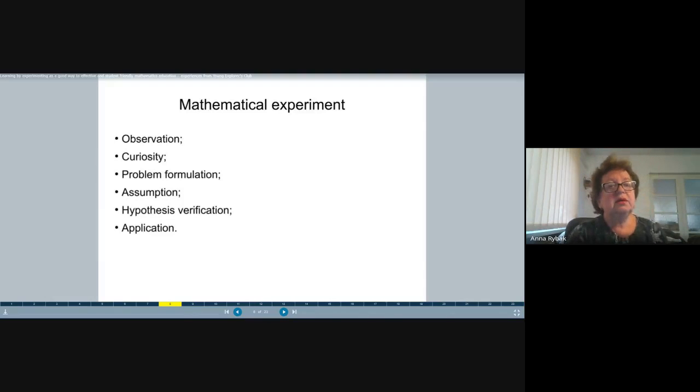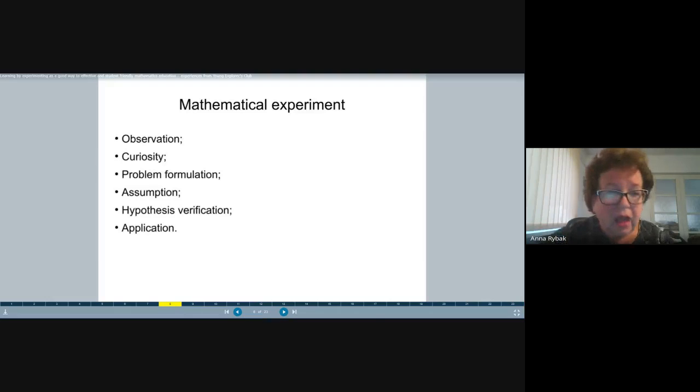But in mathematics we can do experiments, because when we observe some situations, even in nature, curiosity rises, and we want to research how it works, what conditions are necessary in order to obtain this or this.